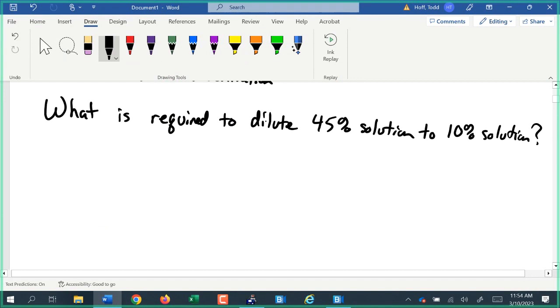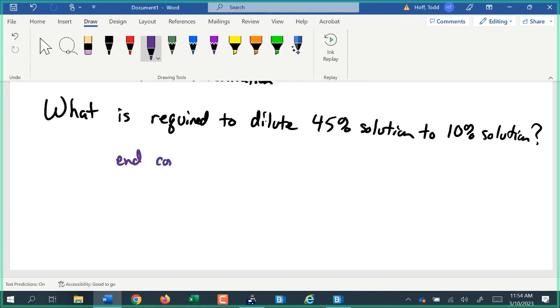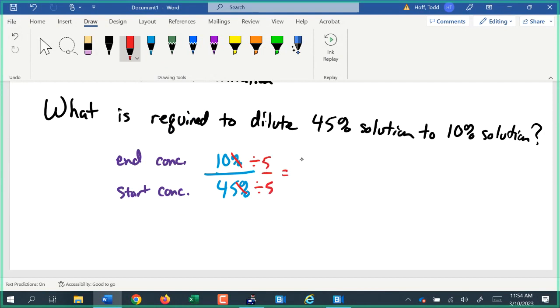I can simply use the percents to create the dilution. So the ending concentration over the starting concentration. The ending concentration is going to be 10%. We started with 45%. The percents cancel out, and both 10 and 45 can be divided by 5. 10 divided by 5 is 2. 45 divided by 5 is 9. This is a 2 in 9 dilution that would be required.